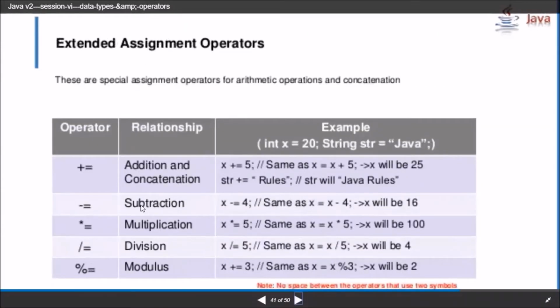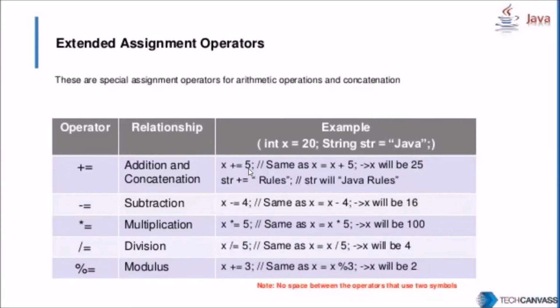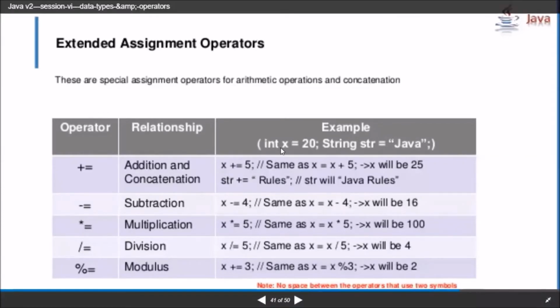Right. Now, these are extended operators. We have plus equal to that we saw, which concatenated, and it also will add the value to the existing value. All right. Now, in this example, we have, say, int x is equal to 20.